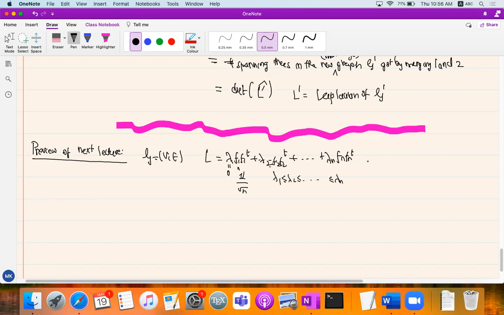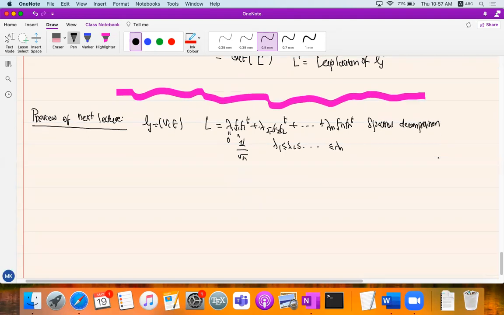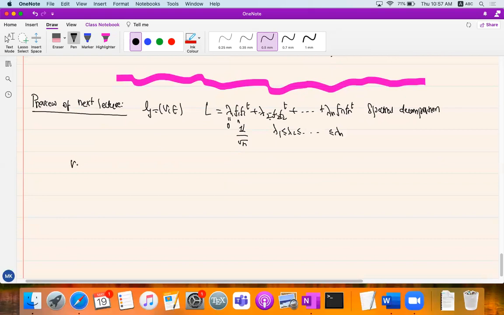This is the spectral decomposition. So we have seen lambda 2 is 0 if and only if G is disconnected. That is, G is connected if and only if lambda 2 is strictly positive.